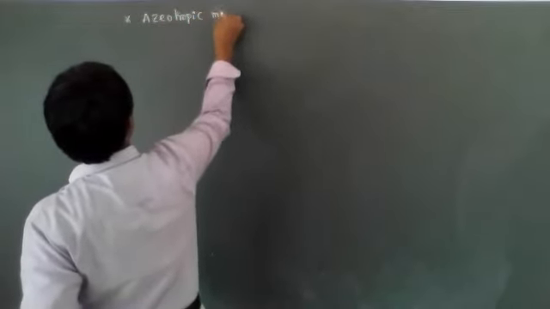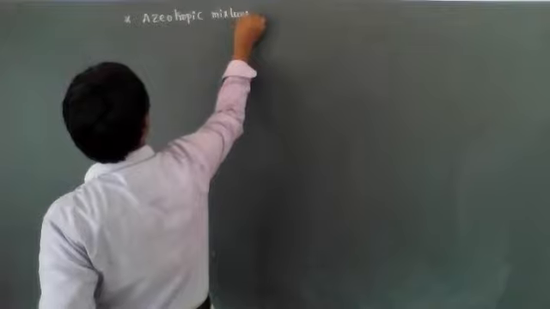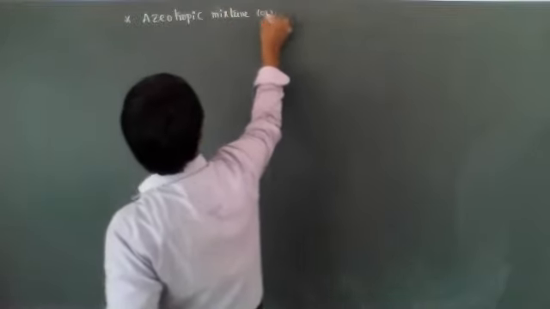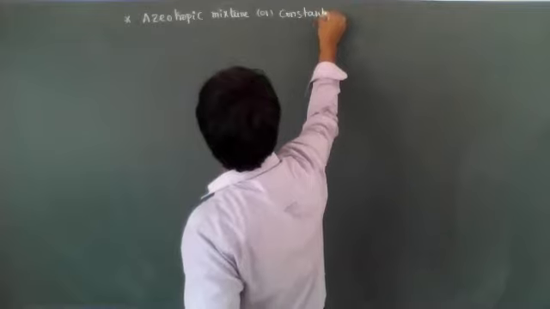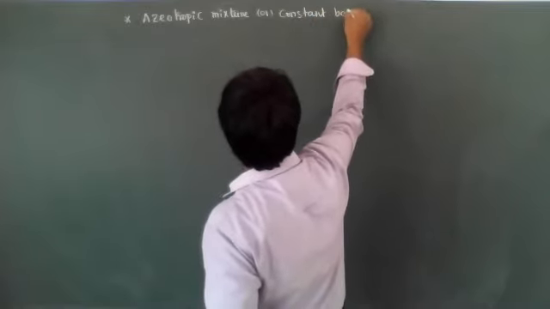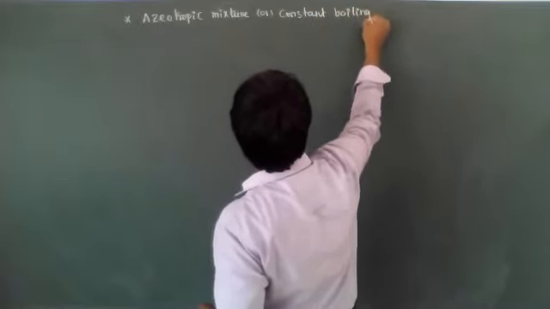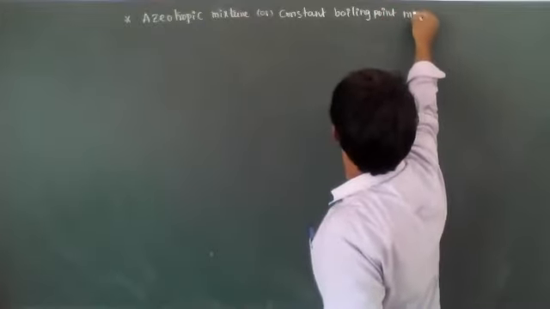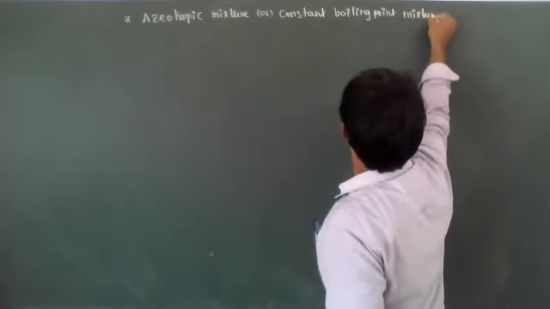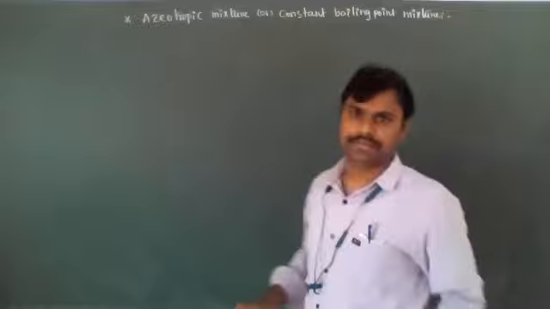Okay, students, the next concept is the azeotropic mixture. Azeotropic mixtures are also called constant boiling point mixtures. So what is the definition of azeotropic mixtures?